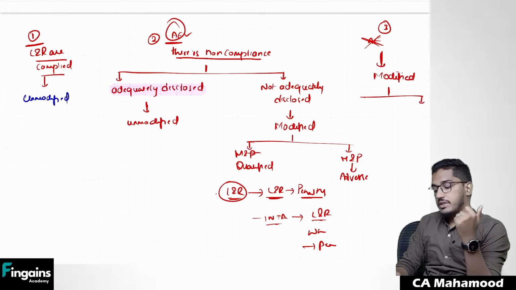If it is not adequately reflected, then only modify. If there is a non-compliance but it is adequately reflected, no need to modify. So if you have evidence that there is a non-compliance but it has not been adequately reflected, the auditor shall give either qualified or adverse. If the auditor is unable to obtain sufficient appropriate audit evidence, then the auditor should give either qualified or disclaimer. So this is how you will report non-compliance in your opinion.